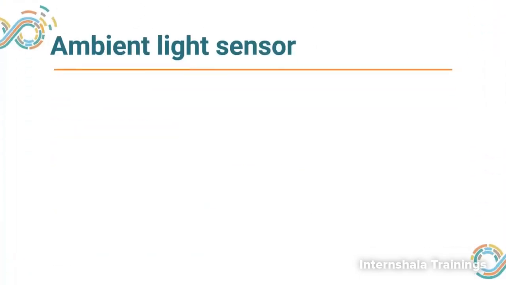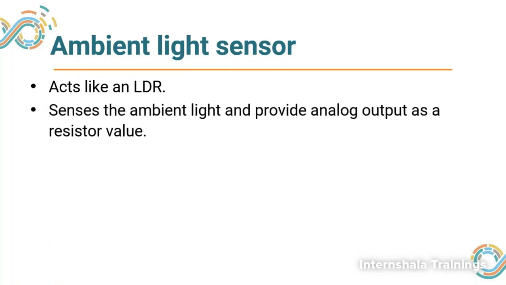Before that, I am introducing two new components. The first one is the ambient light sensor. So what is this? This is just like an LDR. Here we are going to sense the ambient light and it will provide an analog output as a resistor value.